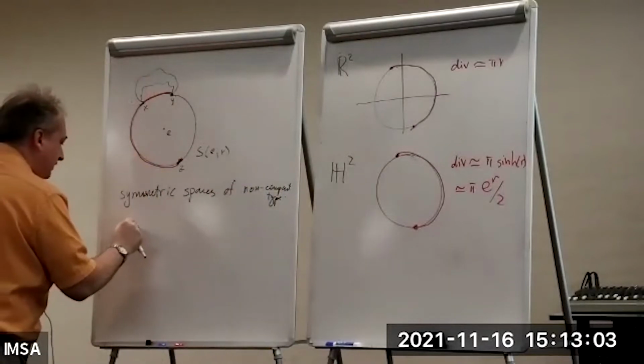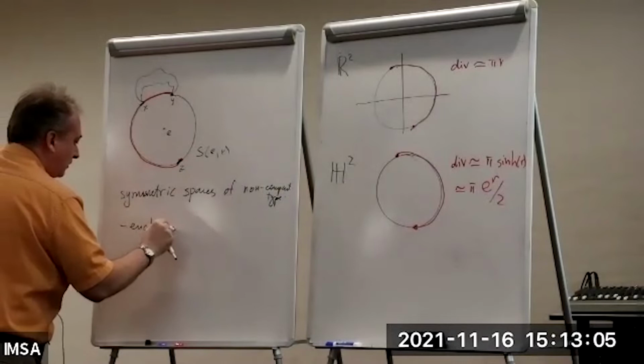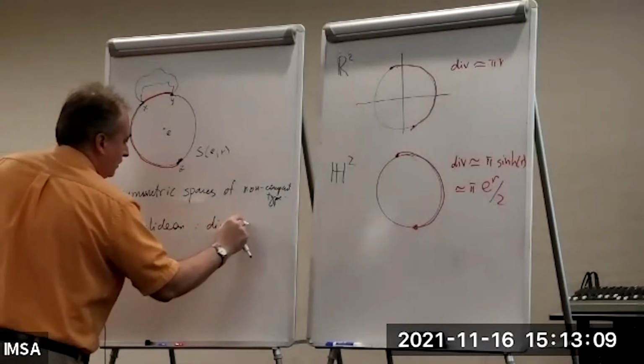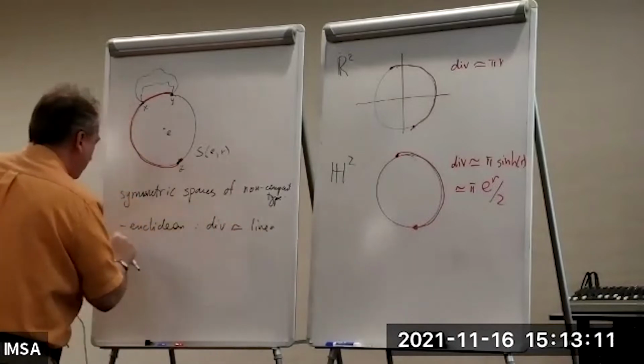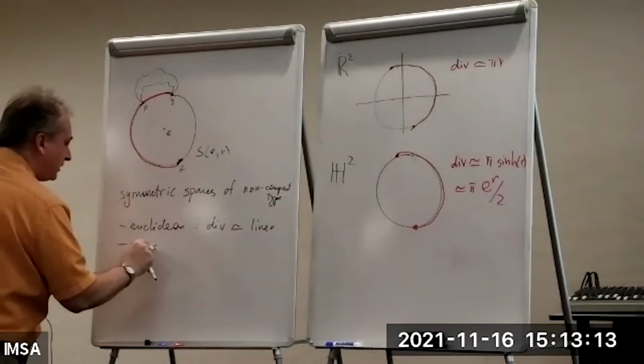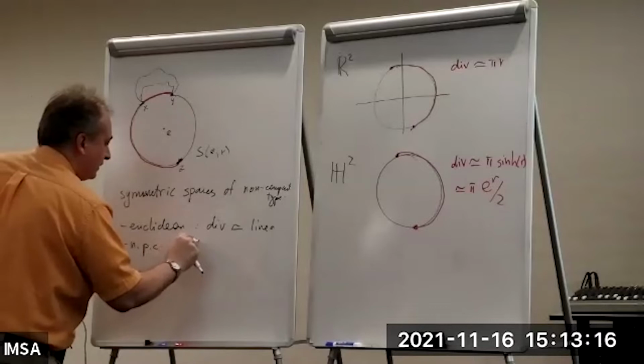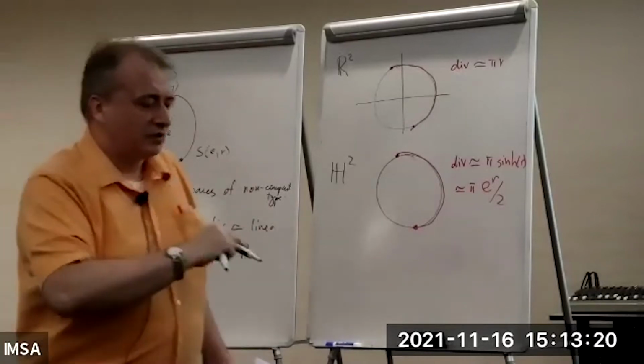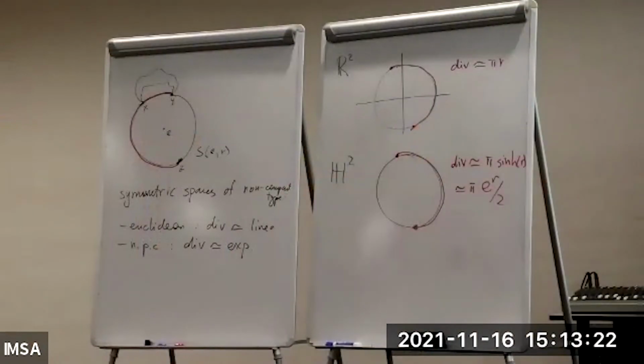For Euclidean ones, divergence is linear. For non-positively curved ones, divergence is exponential. So that led Gromov to suggest that maybe for CAT(0) spaces, the same would happen.